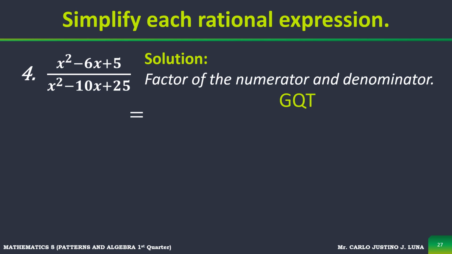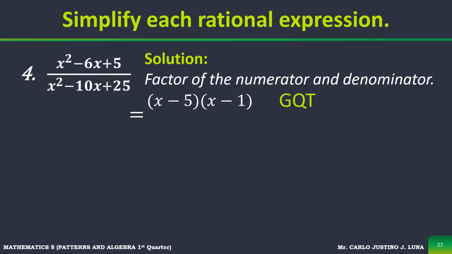Pag pinag-add mo ay negative 6. What are the factors of positive 5? When you add them up, the sum is negative 6. Okay, so we have negative 5 and negative 1. Very good. Because negative 5 times negative 1 is positive 5. And then negative 5 plus negative 1 is negative 6.